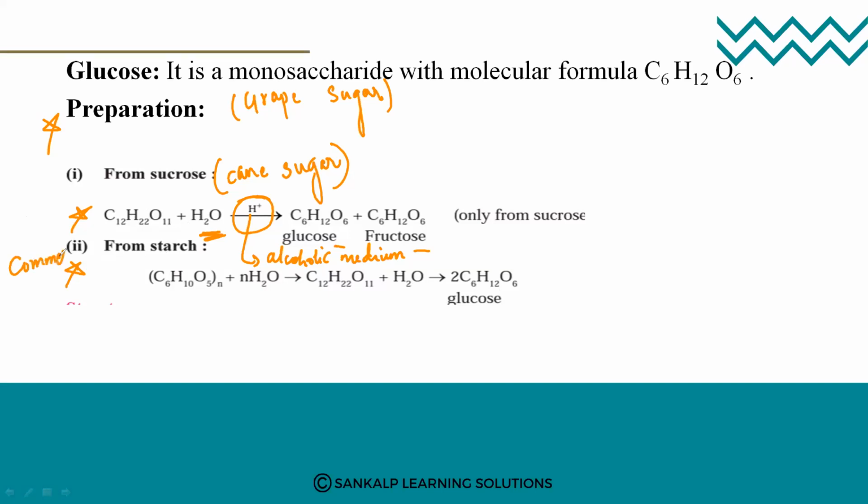Commercially means on a large scale, industrially. Commercially, glucose can be obtained by hydrolysis of starch. What is starch? C6H10O5.